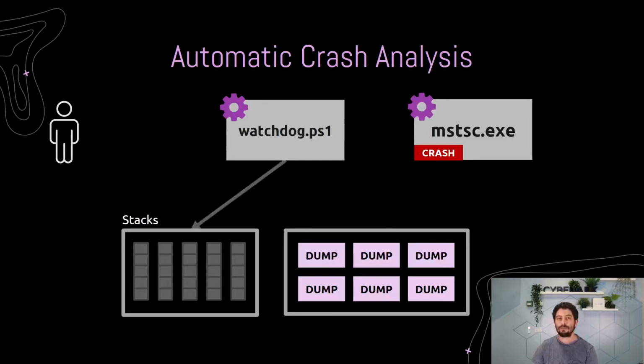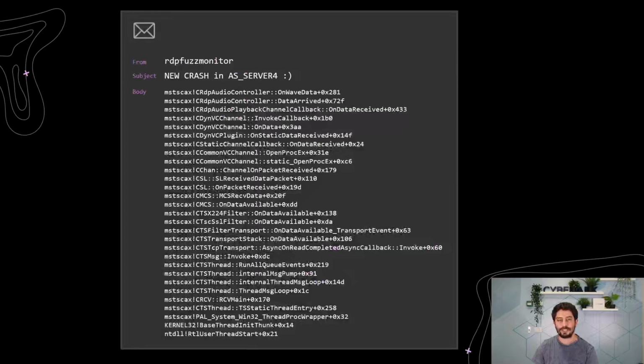Now, we would compare this call stack to the previous call stacks that we found. And if it's an old one, then we can simply discard it. It's old news. But if it's a new one, then it would send us an email saying, hey, you found a crash. Good job. Go check it out. And that looks something like this.